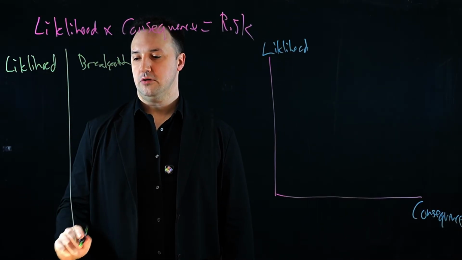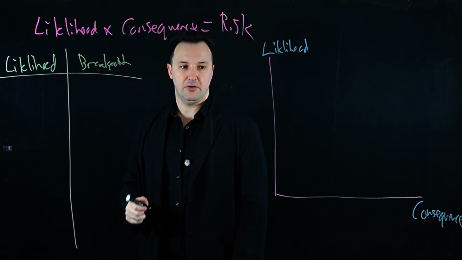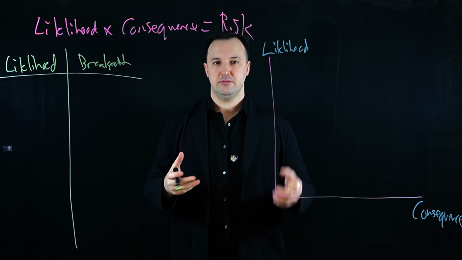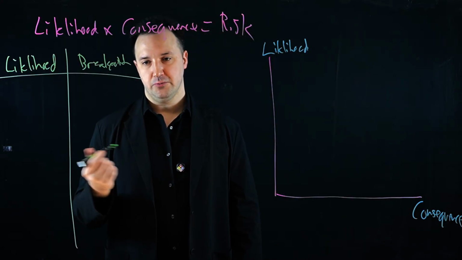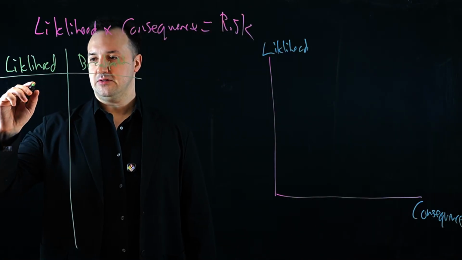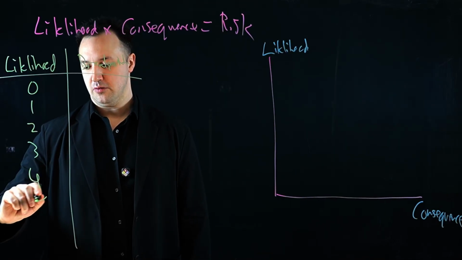So this is going to be a chart, and we're going to have likelihood numbers. I like going from 0 to 5, but you could use pretty much any numbers you want. You could go 0 to 4, you could use 1 to 5, whatever. I like having a 0. You'll find why later. So let's say we have likelihood 0, 1, 2, 3, 4, 5.